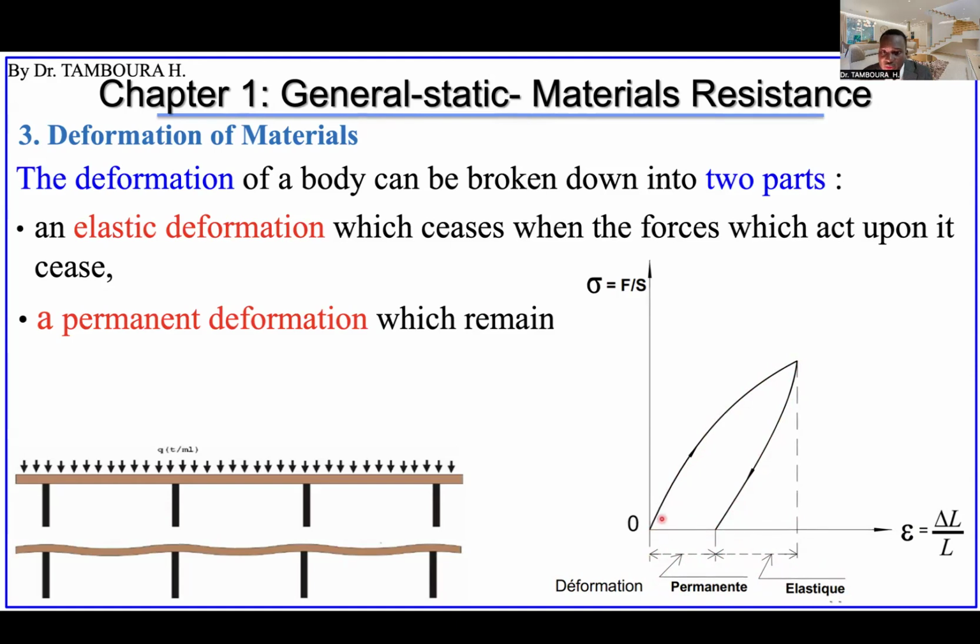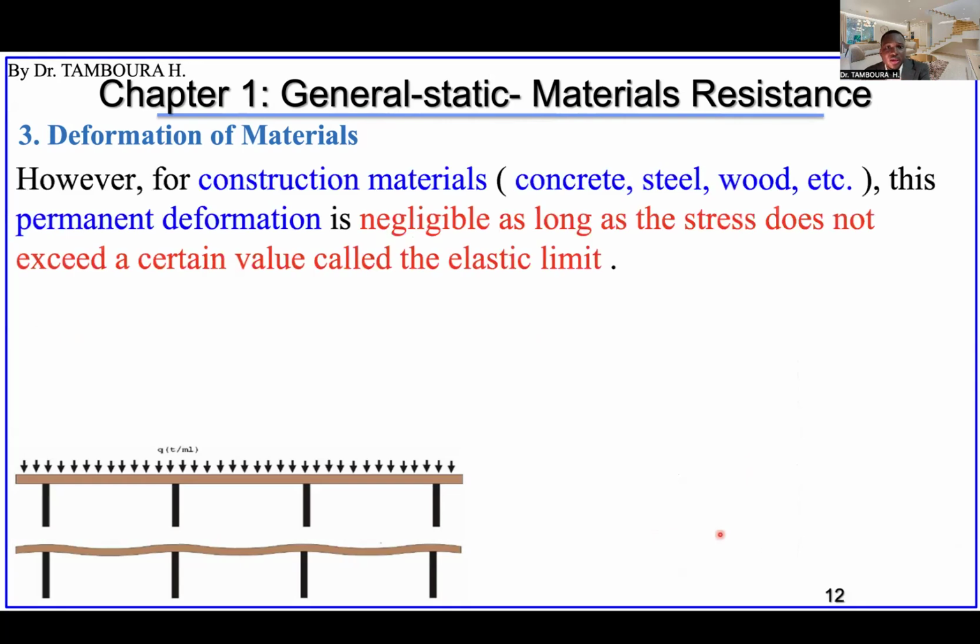We cannot recover this part anymore. So it will be permanent deformation. And if you apply again, you will start from here, not from here anymore. So it means you have lost this part. Okay? Deformation.